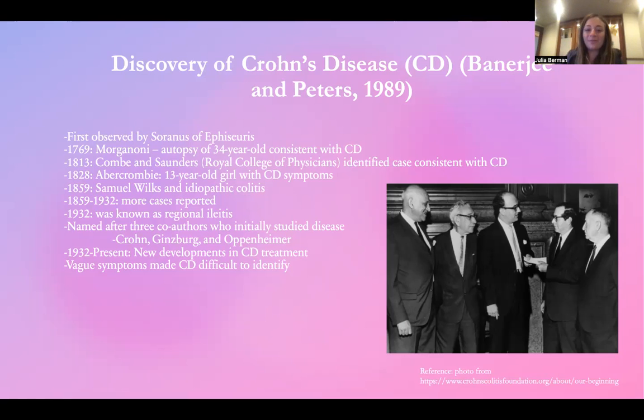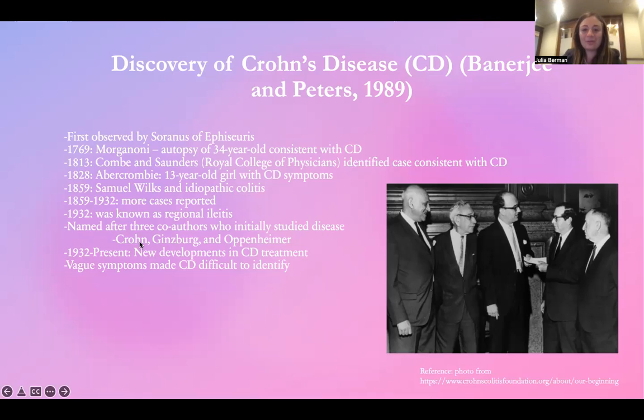So from 1859 to 1932, more cases were reported of these inflammatory biomarkers present in the bowel. And in 1932, this was known as regional ileitis, and the disease was officially named after 3 co-authors who initially studied the disease.